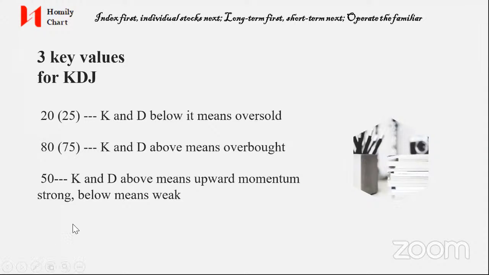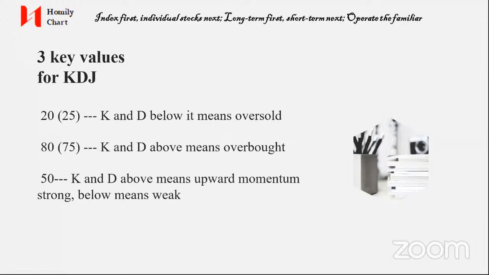Okay, here you need to know that oversold doesn't mean that the price would go up immediately. Because we say oversold means it's already too low, the price is too low, and then there would be some rebound, right? There would be some rally. But oversold doesn't mean it would go up immediately.